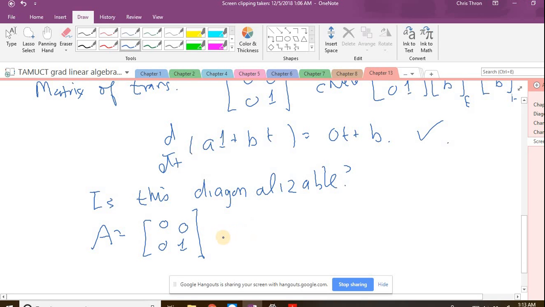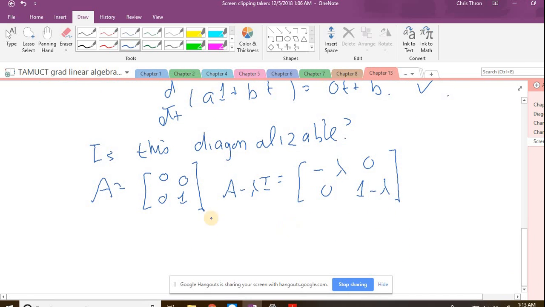And that's correct, right? A minus lambda I is equal to minus lambda, 1 minus lambda, 0, 0. Okay, and then what's the determinant? Yes. What's the determinant?